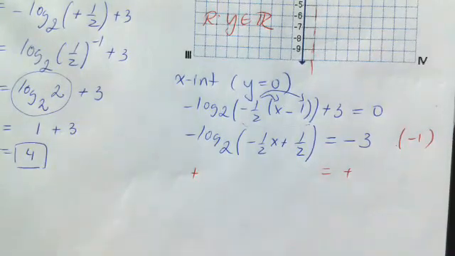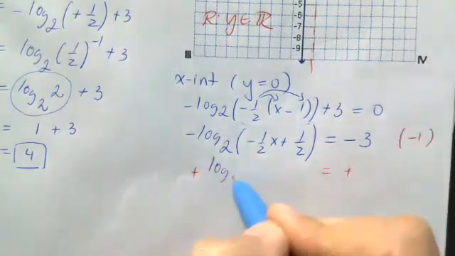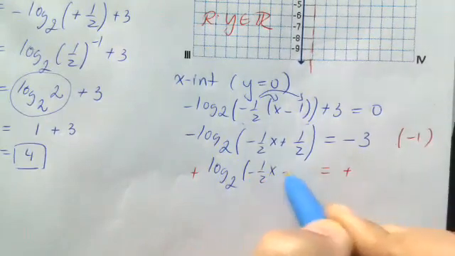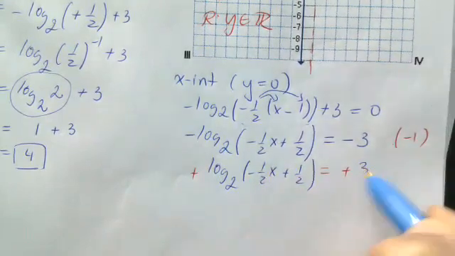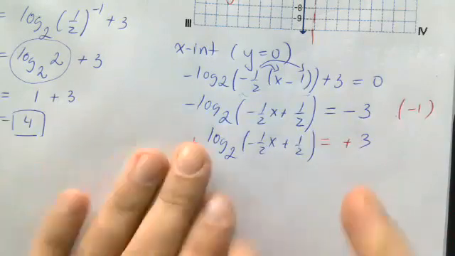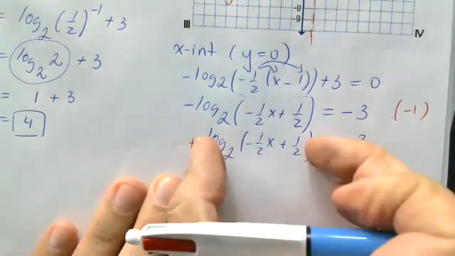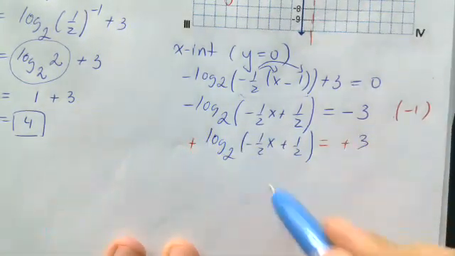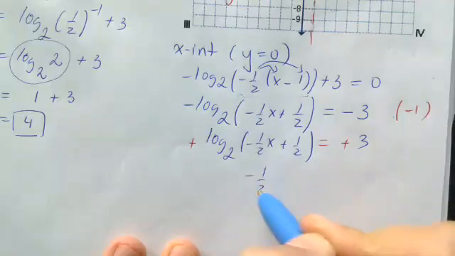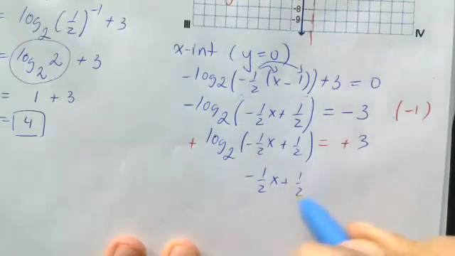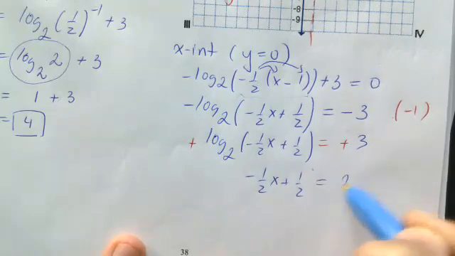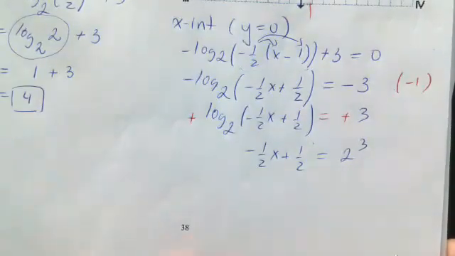Positive log base 2 of negative 1/2 x plus 1/2 equals 3. And now I have arrived at a single log equals a number. Now I can just write it in exponential form. Negative 1/2 x plus 1/2 equals 8.